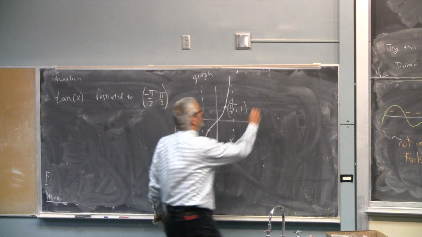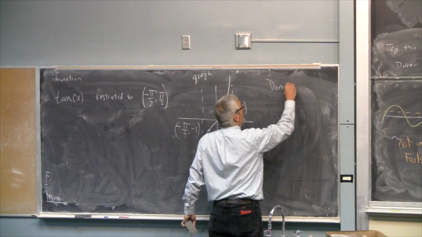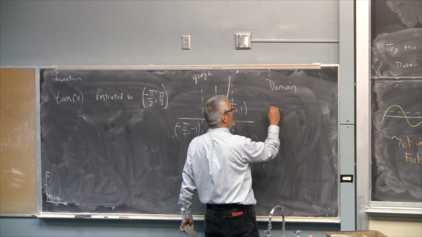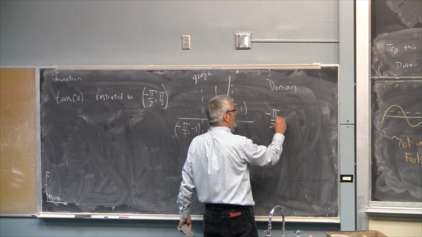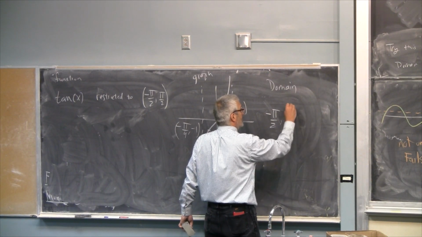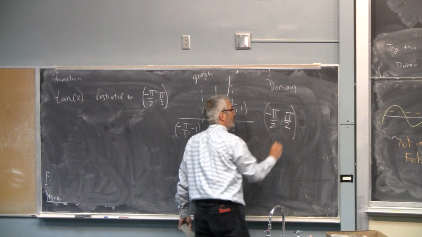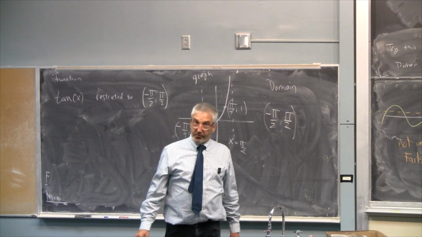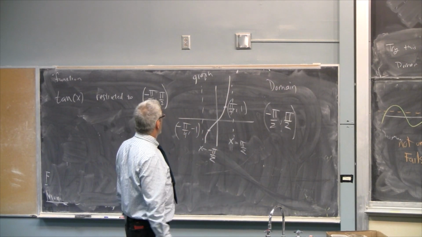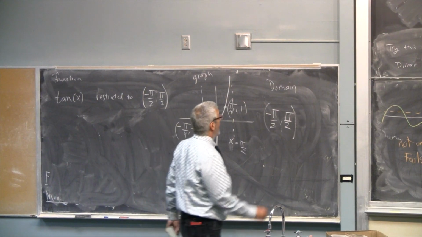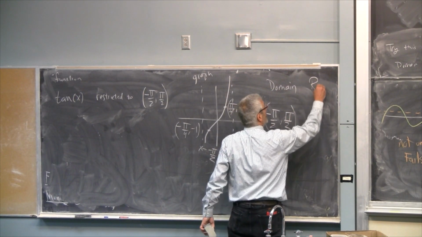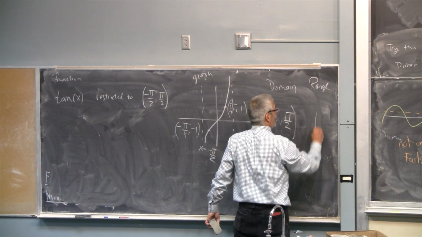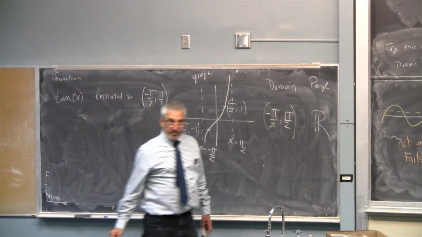Its domain, as I mentioned, is restricted to the interval from negative pi over 2 to pi over 2 without the endpoints, because tangent is not defined at those values. And then the range is all real numbers.